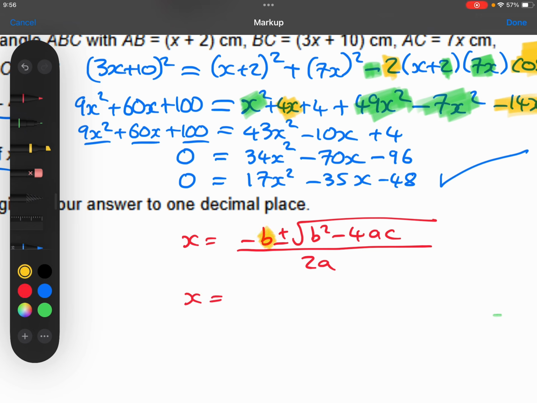So the b is minus 35, the a is 17, and the c is minus 45.